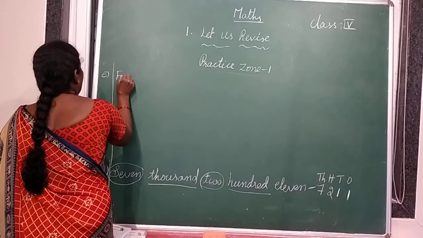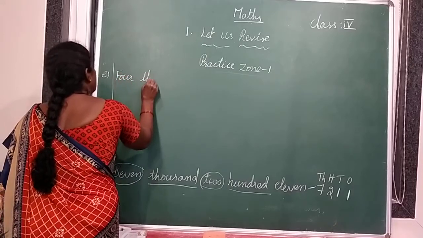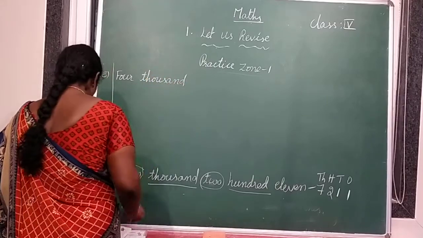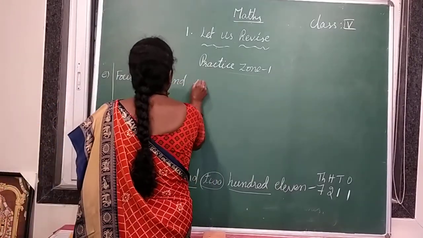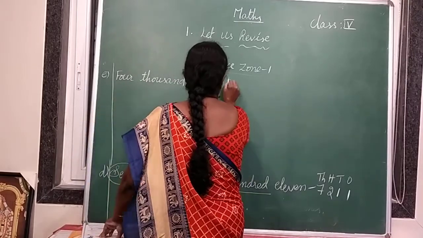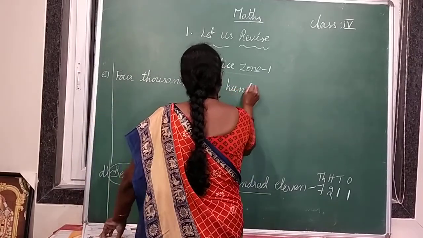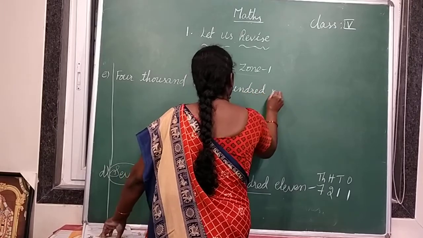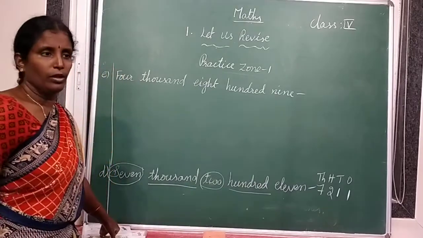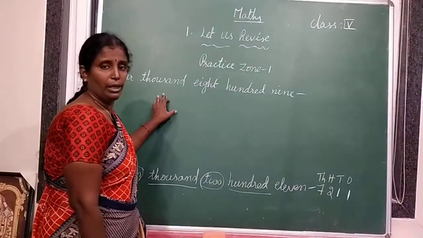4,809. This is the number name. So we have to write the number.